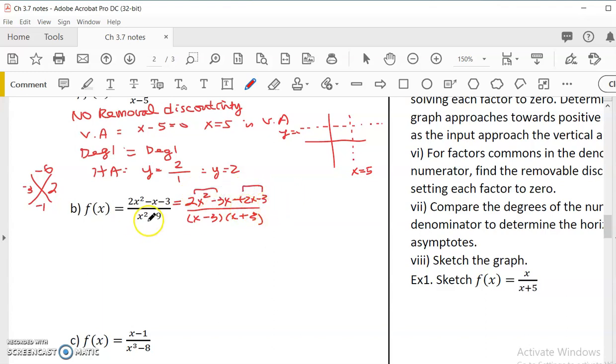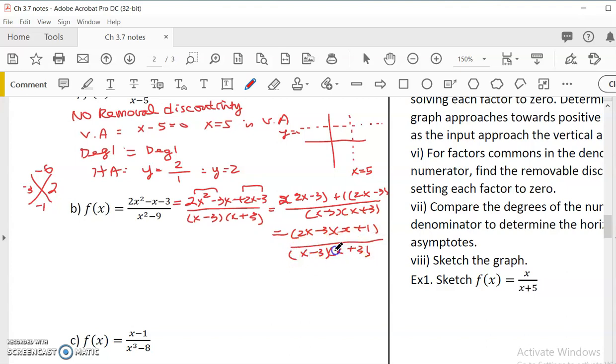So this would be x, 2x minus 3, plus 1, 2x minus 3, all over x minus 3, x plus 3. Factor further, that means 2x minus 3, x plus 1 over x minus 3, x plus 3.